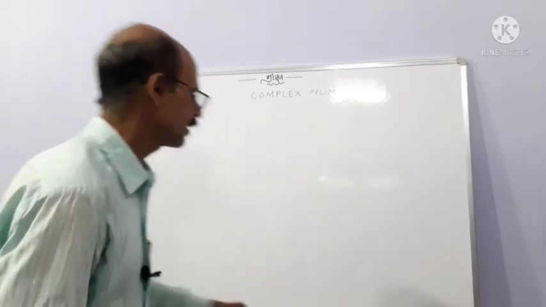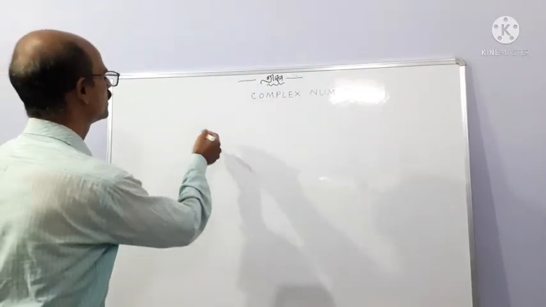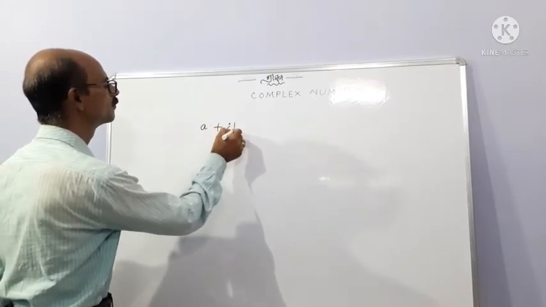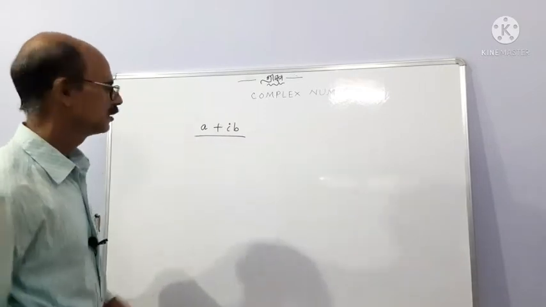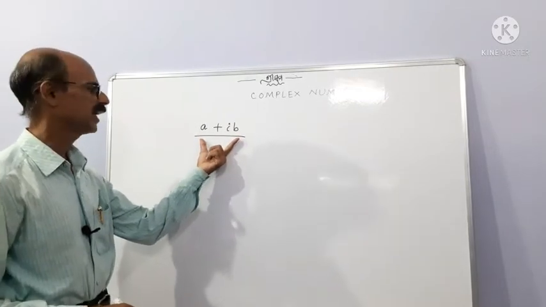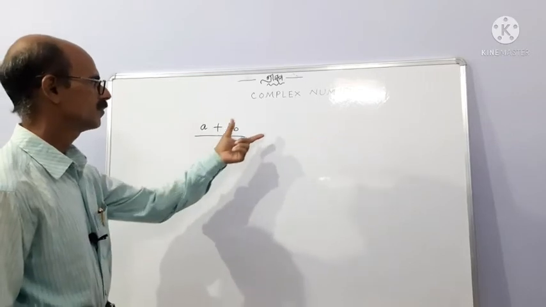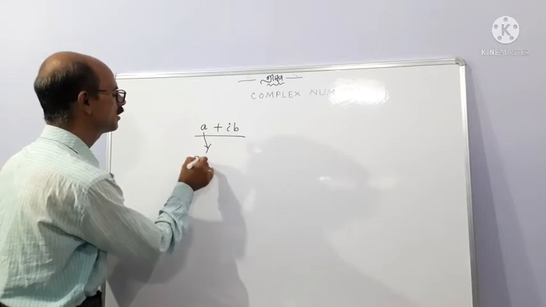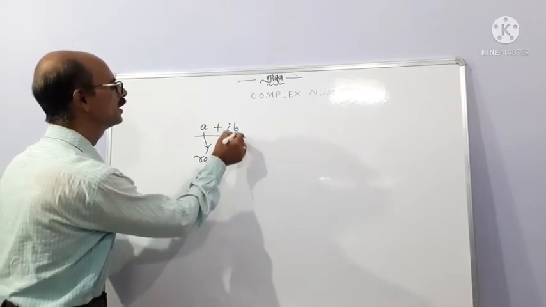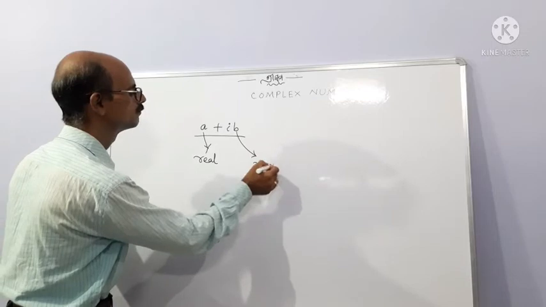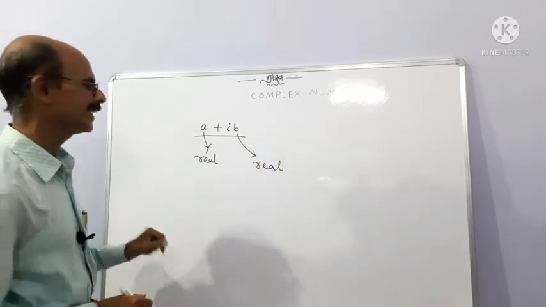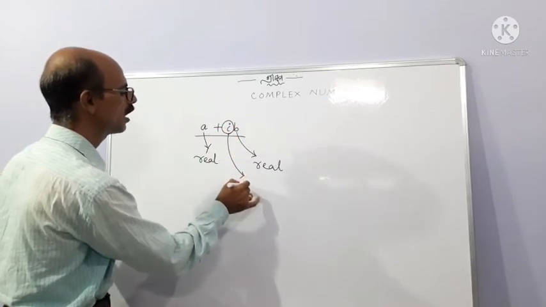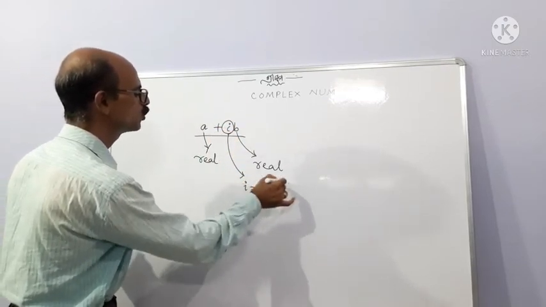Actually, complex numbers are in the form a plus ib. Any number which is in this form is called a complex number. This a is real, b is also real. A and b are real numbers, and this i is equal to root over of -1.